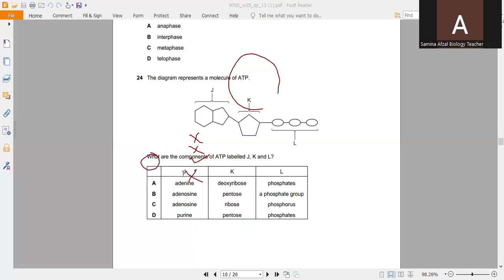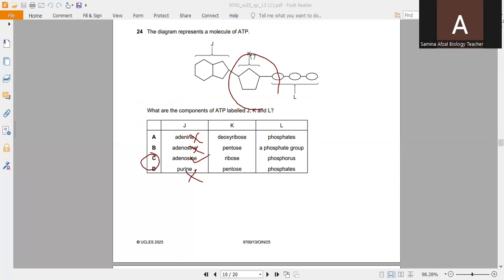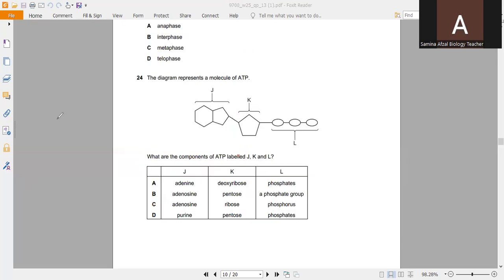Question number 24 is, the diagram represents a molecule of ATP. The components of ATP are labeled J, K, and L. First of all, J is, you can see, the adenine base, adenosine triphosphate.